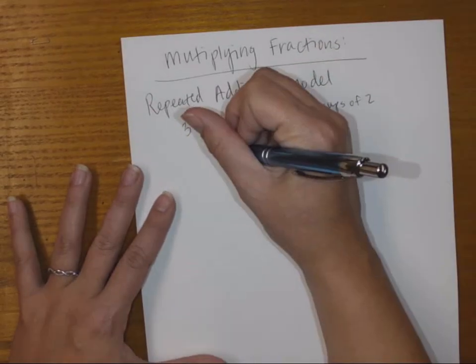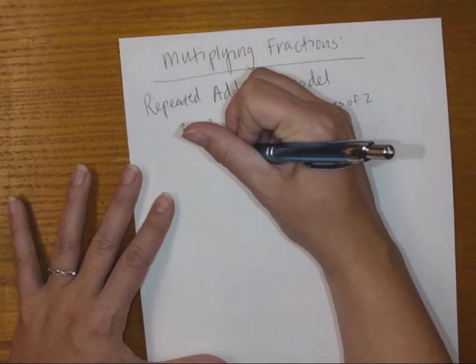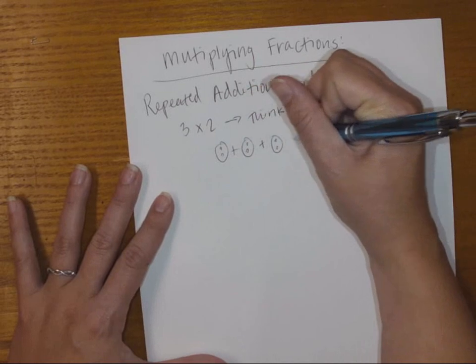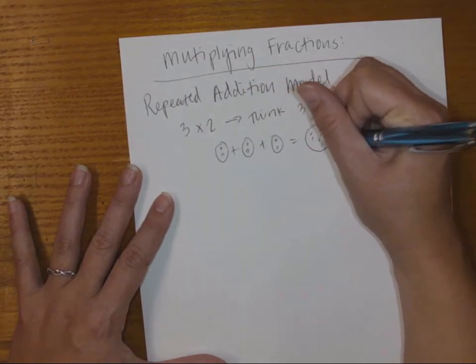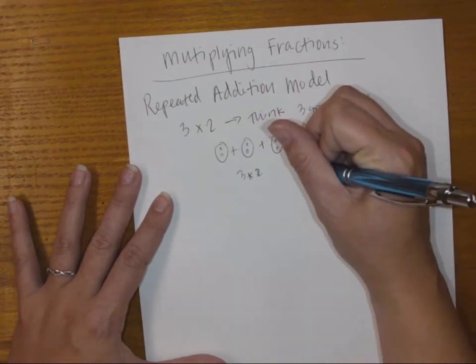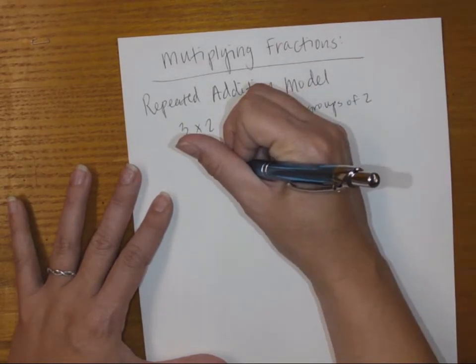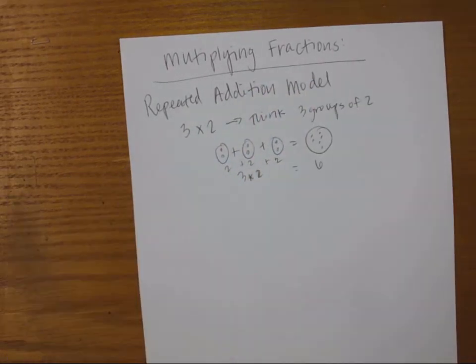So 3 groups of 2 would be 1, 2, 3 groups, 2 in each group. And I have a total of 6 at the end of that. Okay, so 3 times 2 equals 6, because 2 plus 2 plus 2 equals 6.